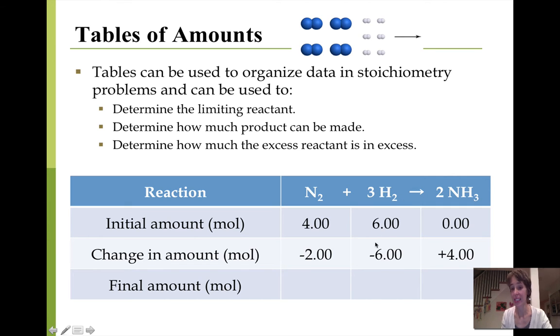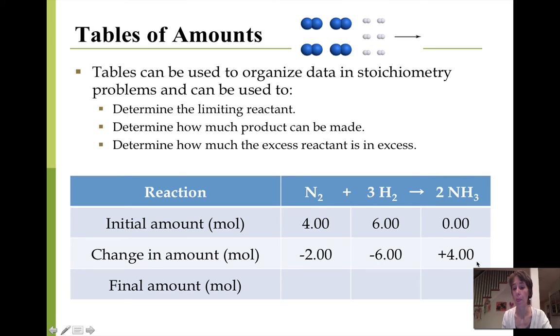And that means if 6 moles of hydrogen are reacting, that's going to require 1/3 the amount of nitrogen, or 2. And then for every 3 moles of hydrogen that gets used, 2 moles of ammonia are created. So we're going to take that 6 moles of hydrogen and multiply it by 2 moles of ammonia per 3 moles of hydrogen, or 2/3.